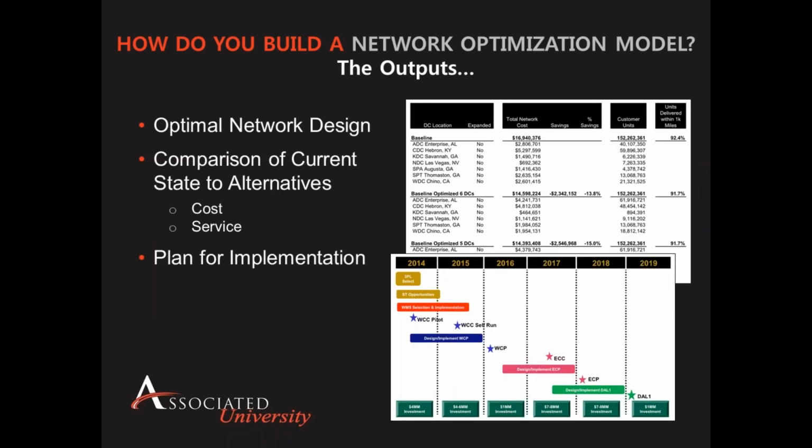Then on the output side, the things that you'll get out of the tool and out of a modeling exercise is obviously you'll get an optimal recommended network based on minimizing cost typically.